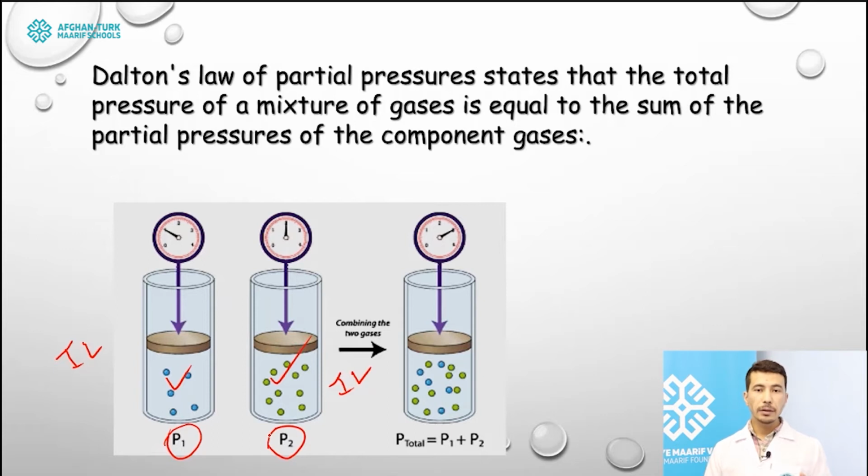If we add these two gases in a 1 liter volume container, the same place, the total pressure will be P1 plus P2. This is what Dalton wants to tell us. P1 and P2 are the partial pressures separately for each gas.